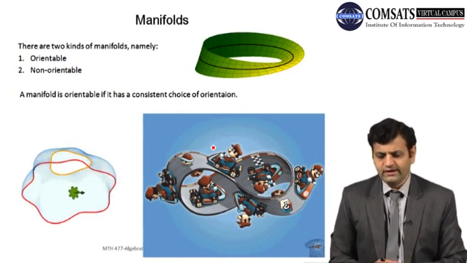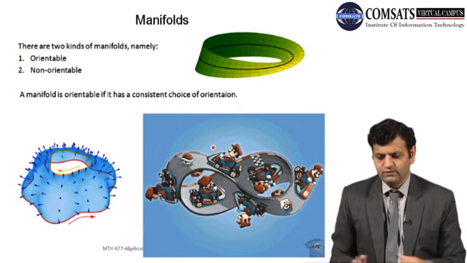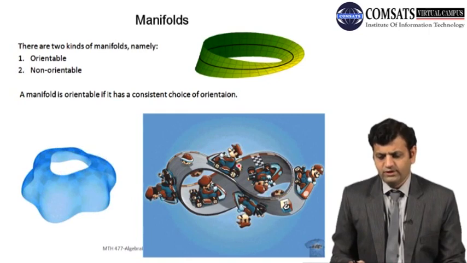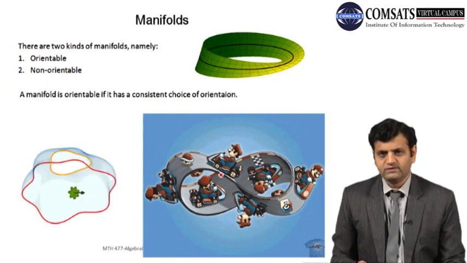But on the right hand side, we have a Mobius strip. Over here we have a policeman who is patrolling on this Mobius strip, and you can observe that this policeman will be at one point on the top of the Mobius strip, and moving along it will come at the bottom of this Mobius strip as well.